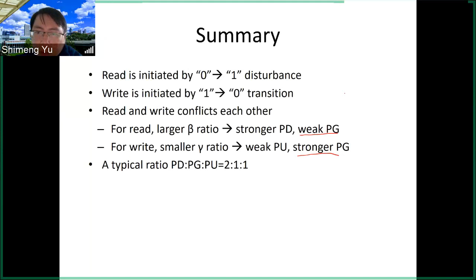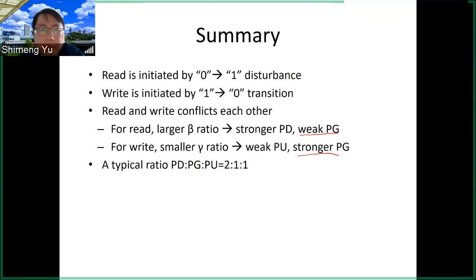Essentially, if you think about this problem, the read and the write will always conflict with each other. Why? For the read, you do not want to change the data, right? For the write, you do want to change the data. So one is no change, the other is change.